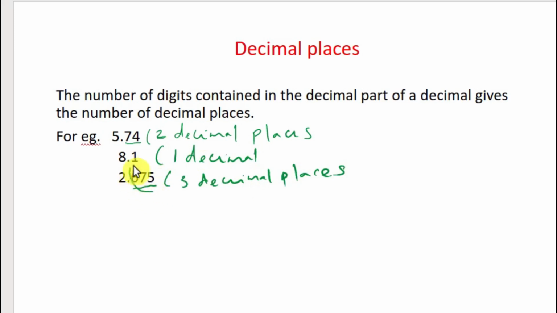So, the number of digits contained in the decimal part of a decimal gives the number of decimal places.